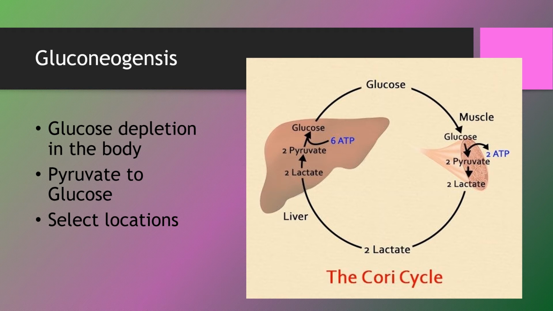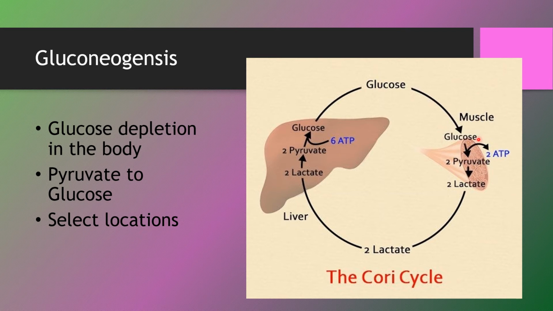So after a heavy exercise, your muscles produce lactate, and lactate will make its way to the liver to be converted into glucose by way of gluconeogenesis, and then the glucose will make its way back to the muscles to be made into that glycogen. And this movement is called the Cori cycle, but we're not going to get too deep into that.